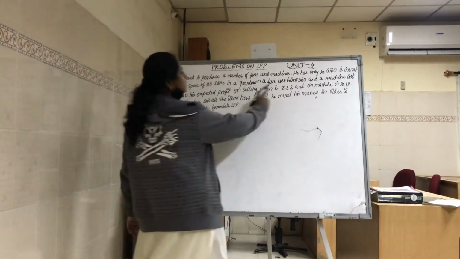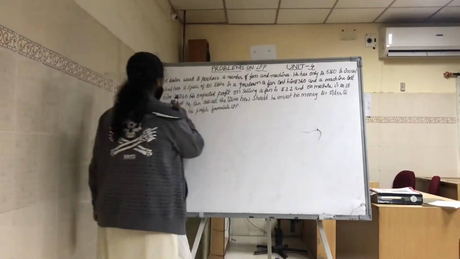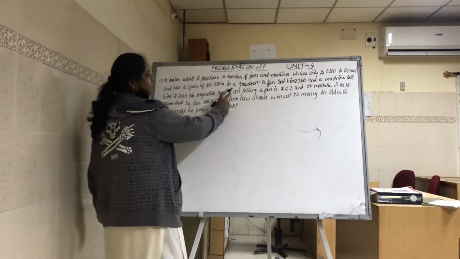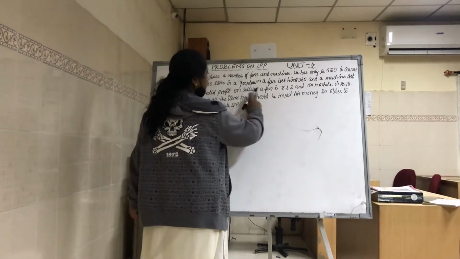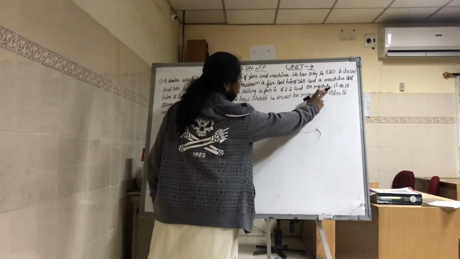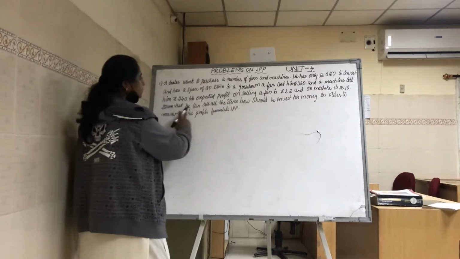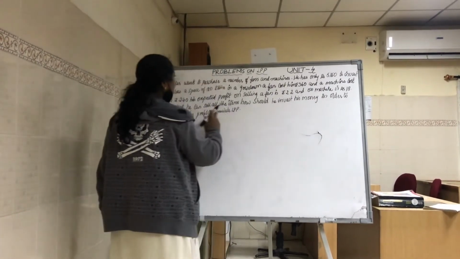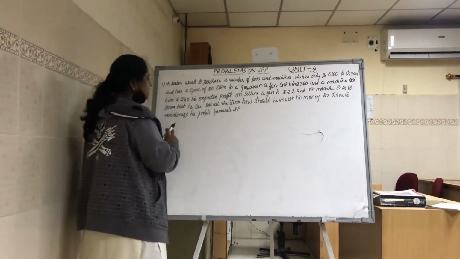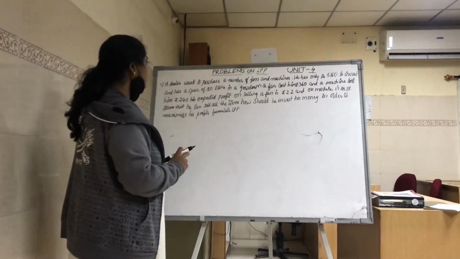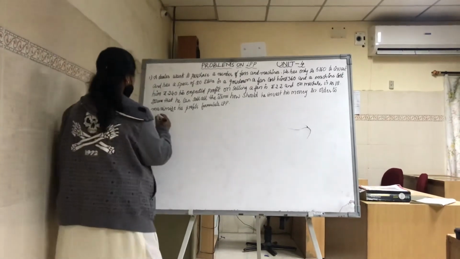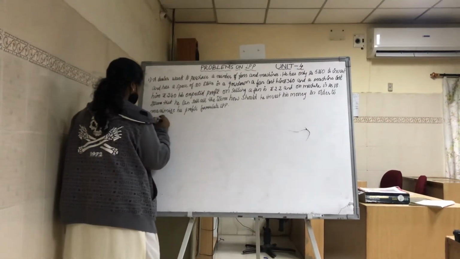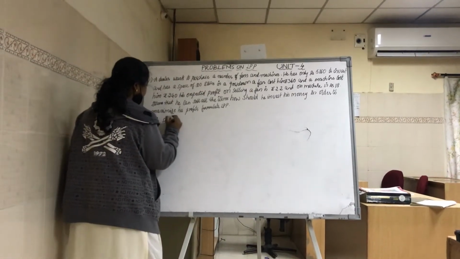A fan costs 360 and a machine costs 240, where he is expecting a profit by selling a fan of 22 and a machine of 18. Assume that he can sell all the items, he will invest his money in order to maximize his profits. Formulate the LPP.